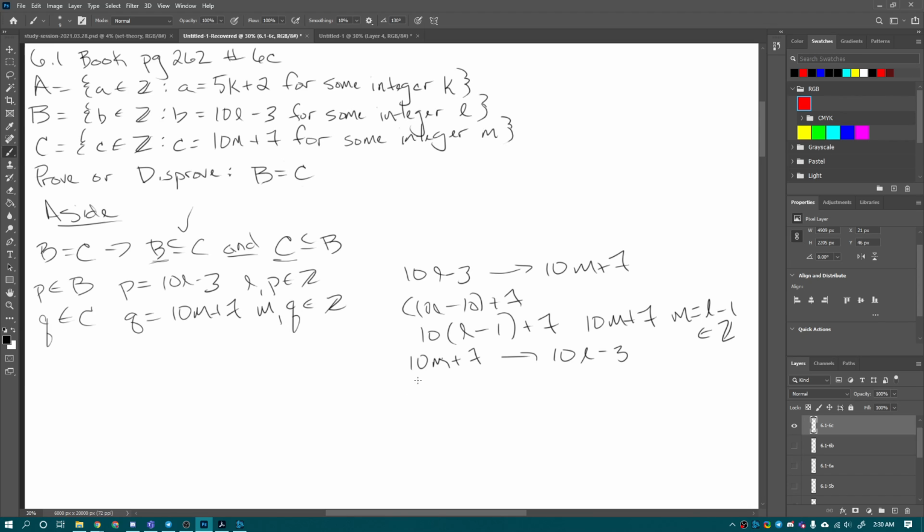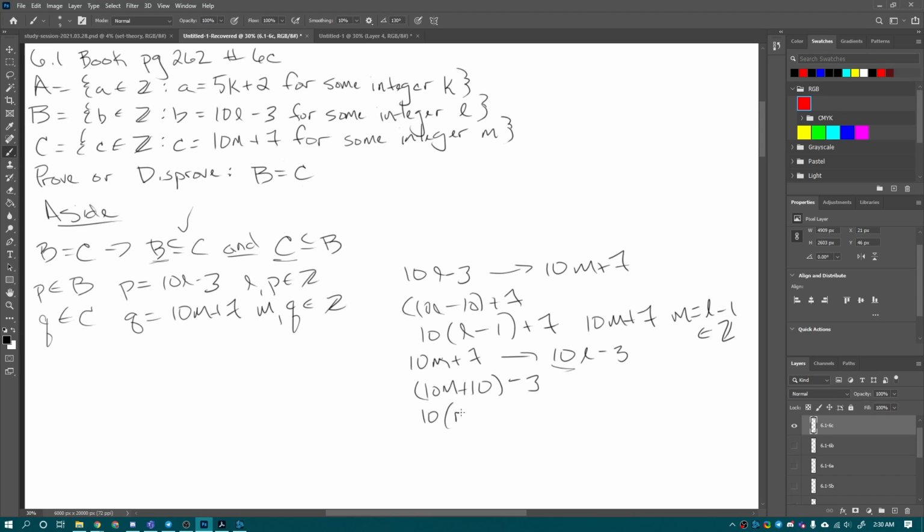The coefficients are the same, so I don't need to do any multiplication. I'll start with my parentheses. I'll put negative 3 on the outside. And then ask the question, how do I get from negative 3 to 7? I would add 10. In other words, 10 minus 3 is equal to 7. I drop my 10M. And then I ask if I can pull out a factor of 10. I can.